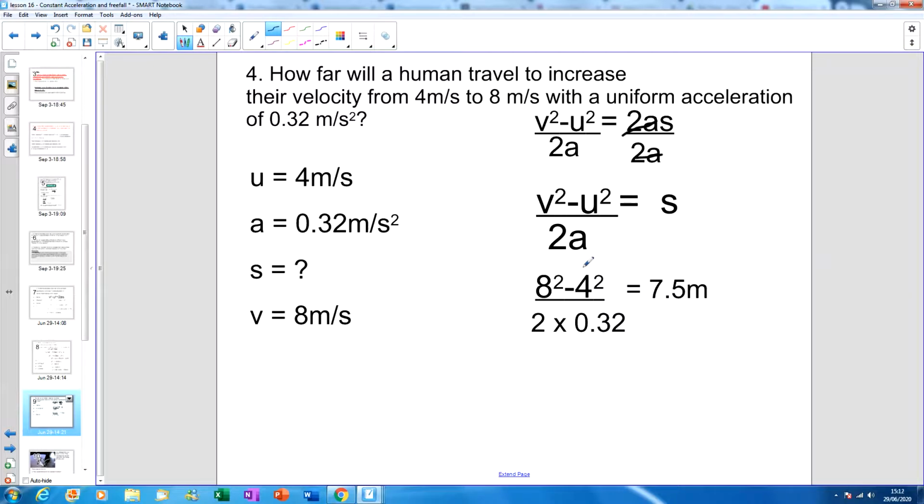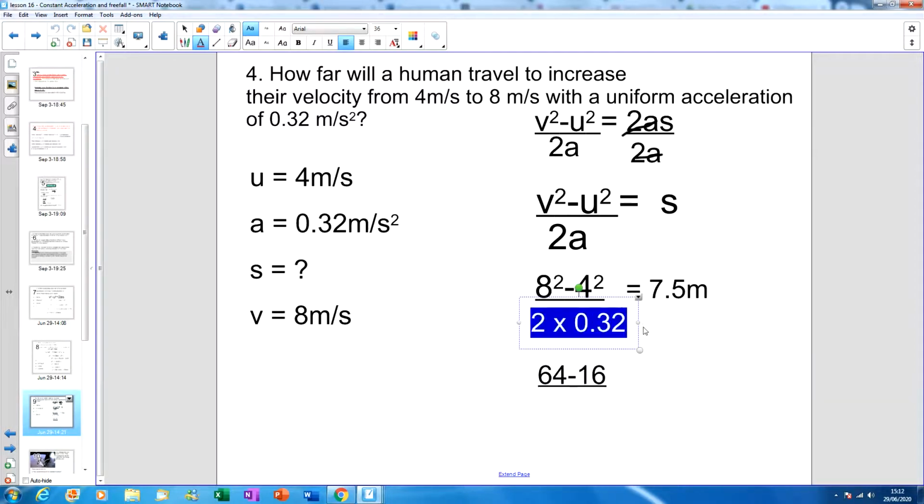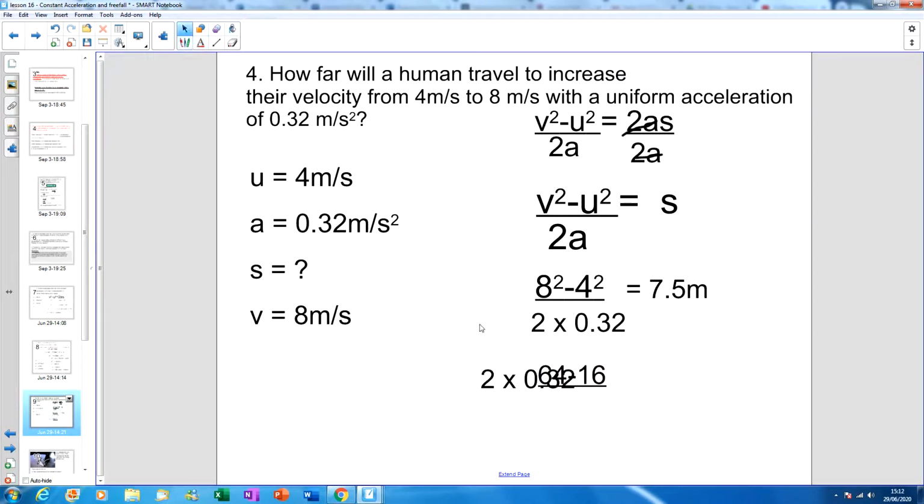Put your numbers in. v is 8, u is 4, and a is 0.32. So if you did that step by step, actually you would end up with 64 minus 16 over 2 times 0.32.